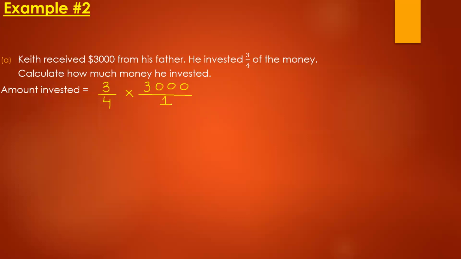Now, what are we going to do at this point? Multiply 3 by 3,000. Very good. I need to see your working for this portion.